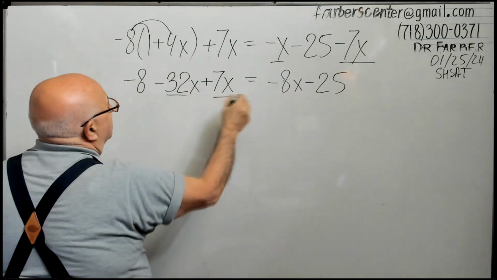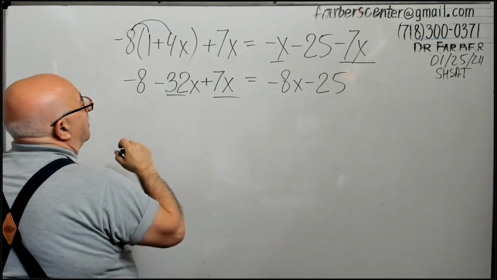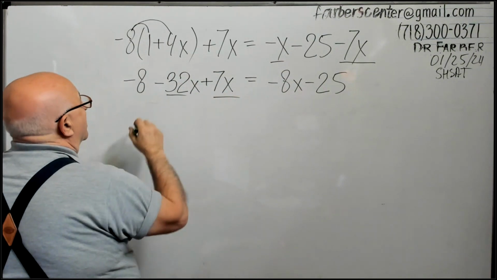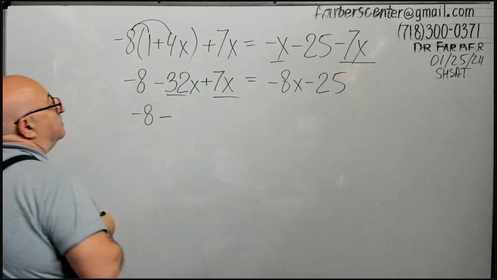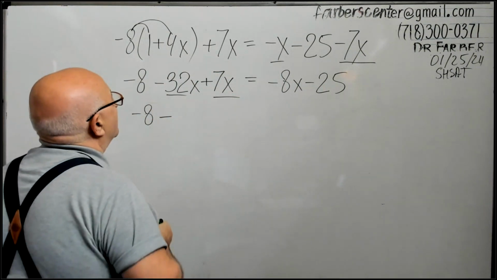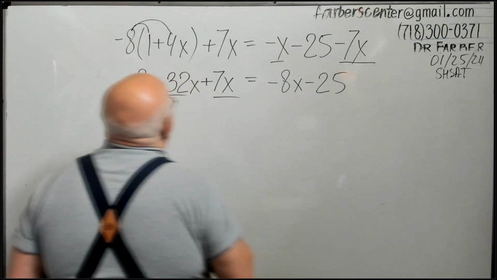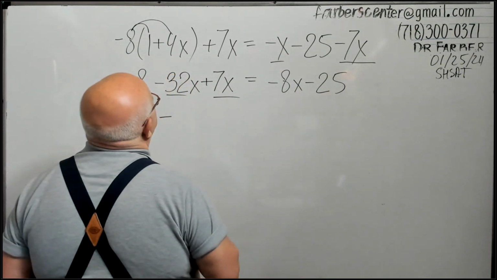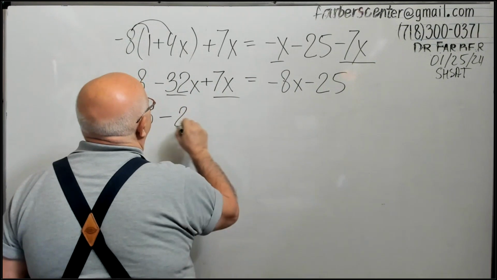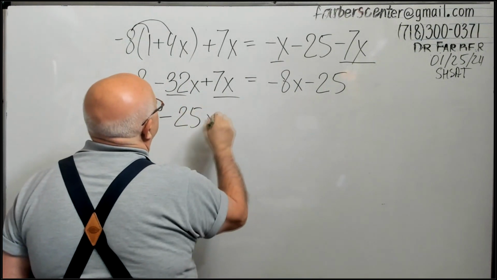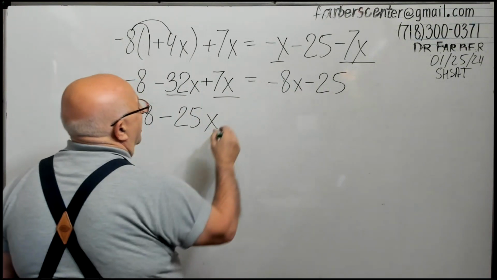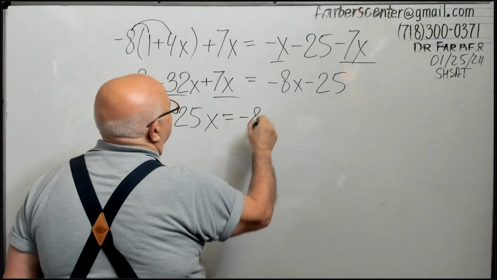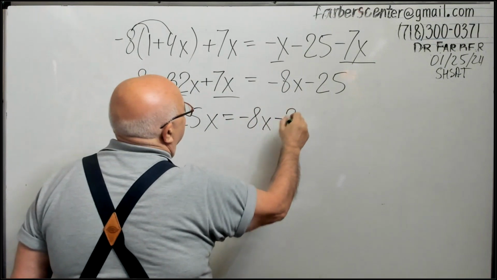Combine like terms, negative 8 minus 25x equals negative x minus 25.